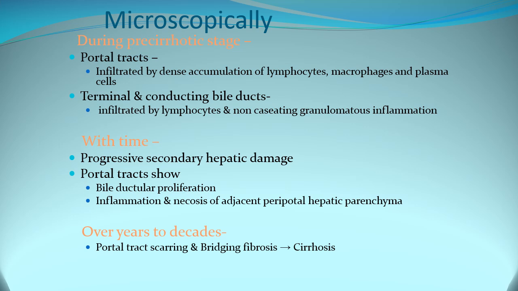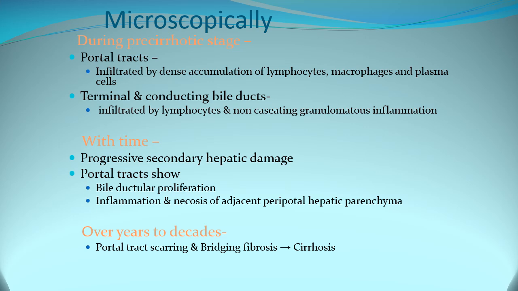And microscopically, during the pre-cirrhotic stage, you will see dense lymphocytic infiltration in the portal tract along with macrophages and plasma cells. The terminal and conducting bile ducts are infiltrated by lymphocytes, and there might be non-caseating granulomatous inflammation.